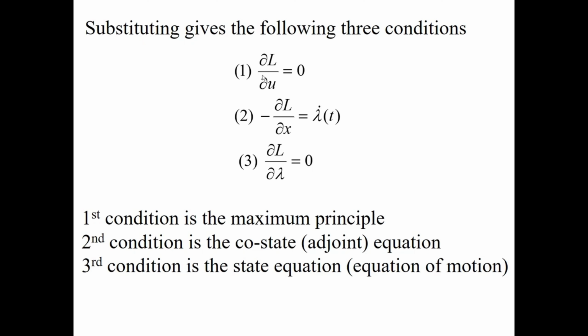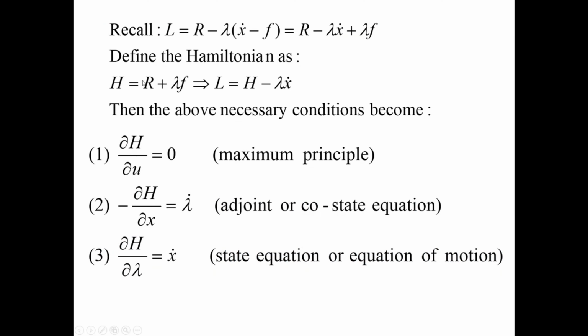And the third condition is that the partial of the Lagrangian with respect to the co-state variable, the shadow price, is equal to 0. Now, it's important to recognize that the first condition is referred to as the maximum principle. The second condition is the co-state equation, and the third condition is simply the state equation, or the equation of motion, namely it's the equation of the constraint, the dynamic constraint.